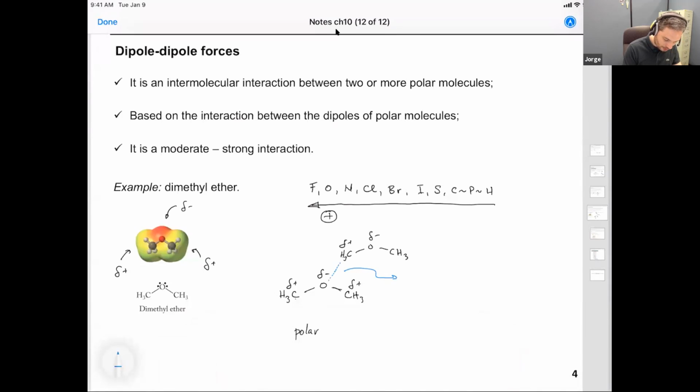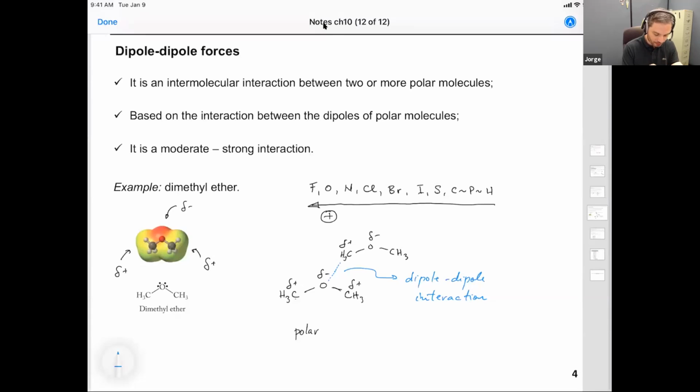And this kind of interaction is called dipole-dipole interaction. Okay, two opposite poles interacting between themselves. Attention, because we need to have two polar molecules interacting.